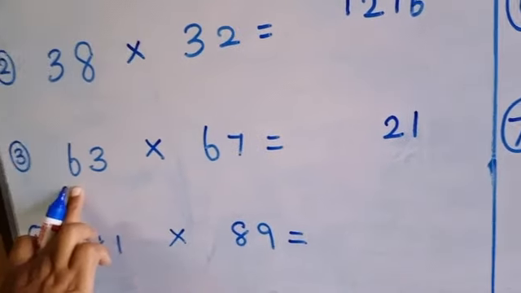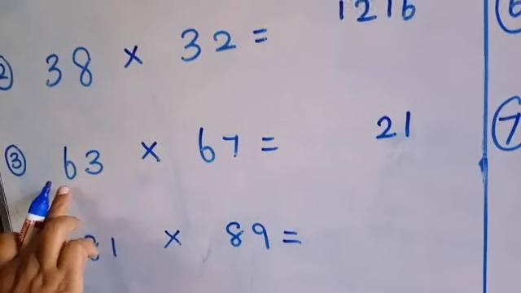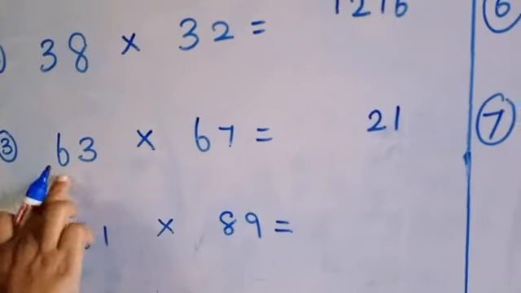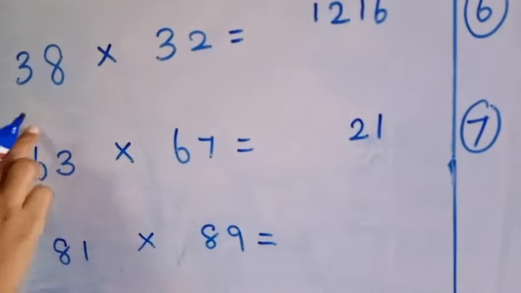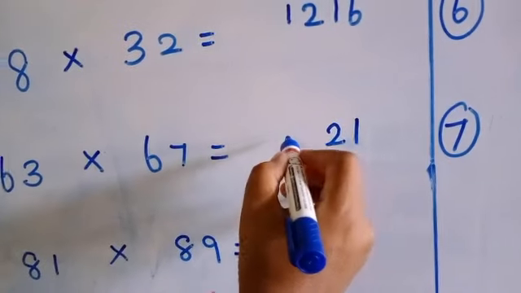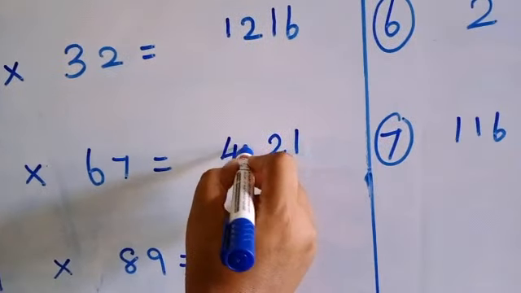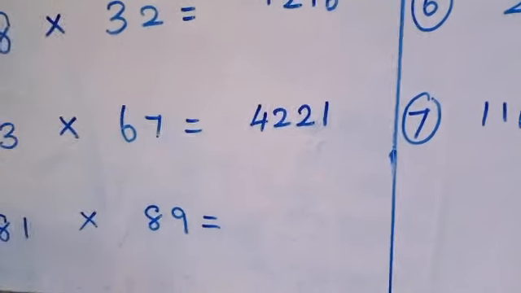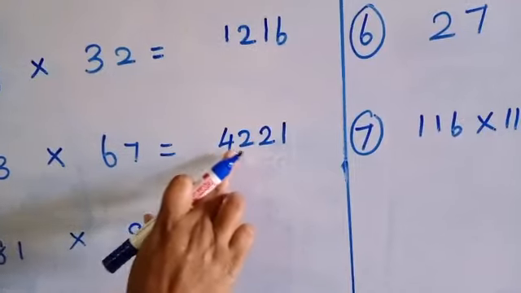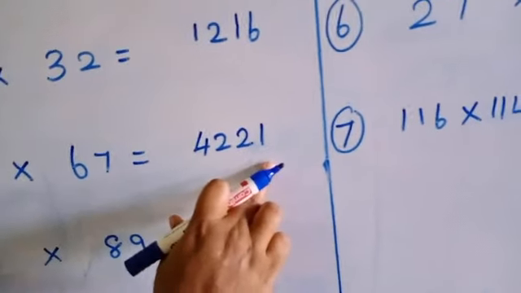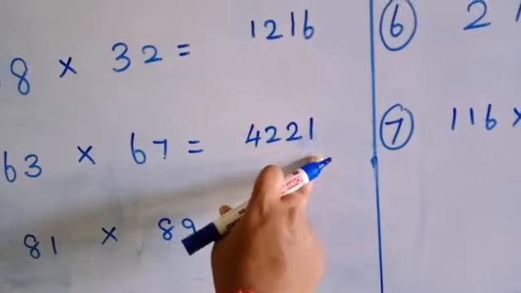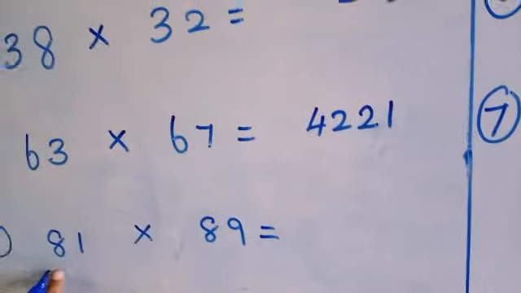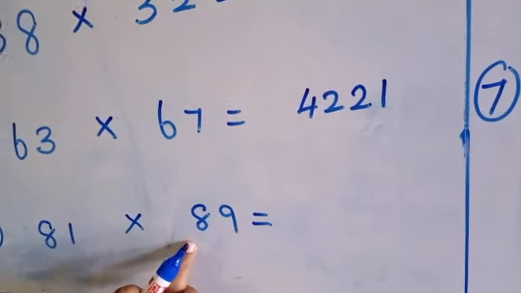This is 6, and 6 multiplied with the next number, 7. 6 sevens are 42. The answer is 4221.